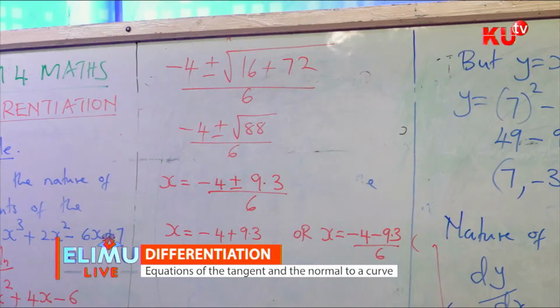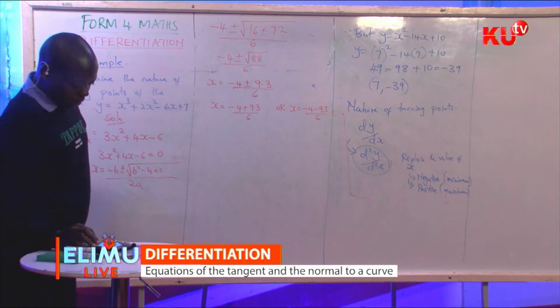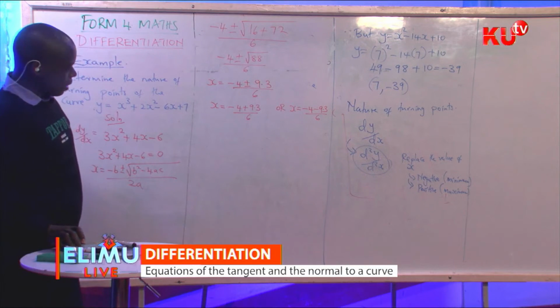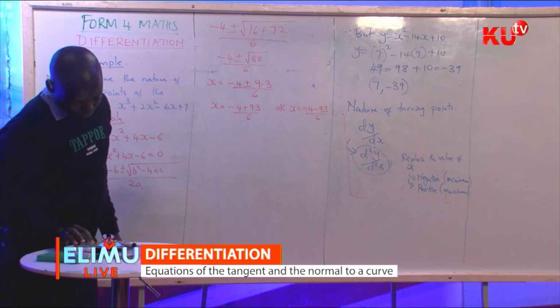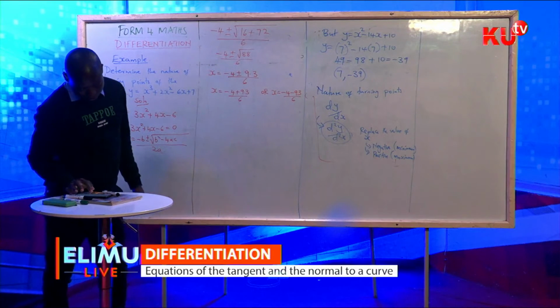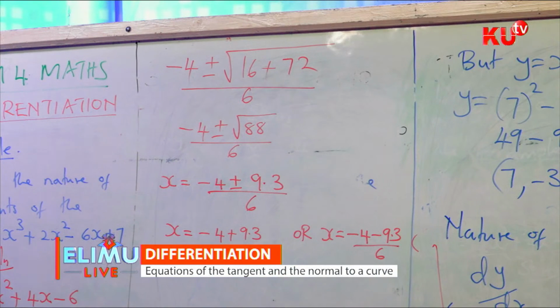So we have the two values. Negative 4 plus 9.3 gives 5.3... then we divide it by 6.